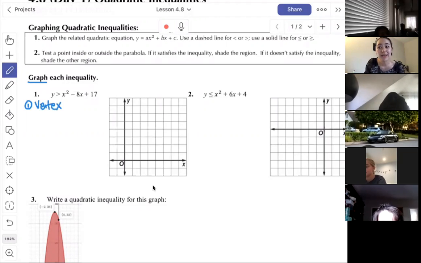We had a formula, all right? And it's to find the x-coordinate of the vertex. Does anybody remember what that formula was? Anyone? I'll give you a hint. It's actually part of the quadratic formula. If you take out the plus or minus, you take out the root, b squared minus 4ac, what are you left with?